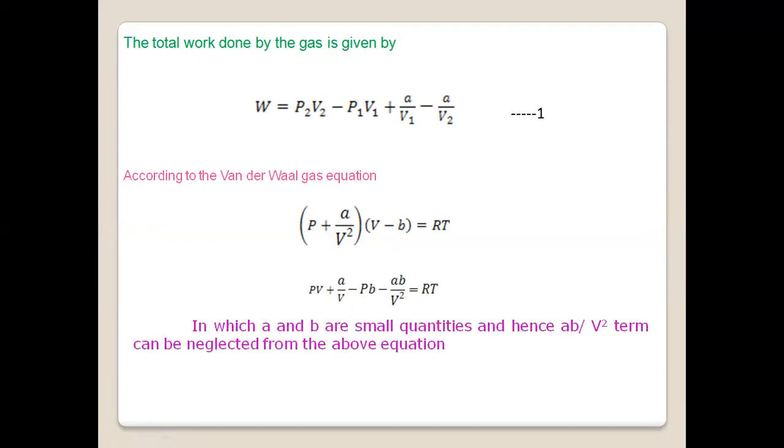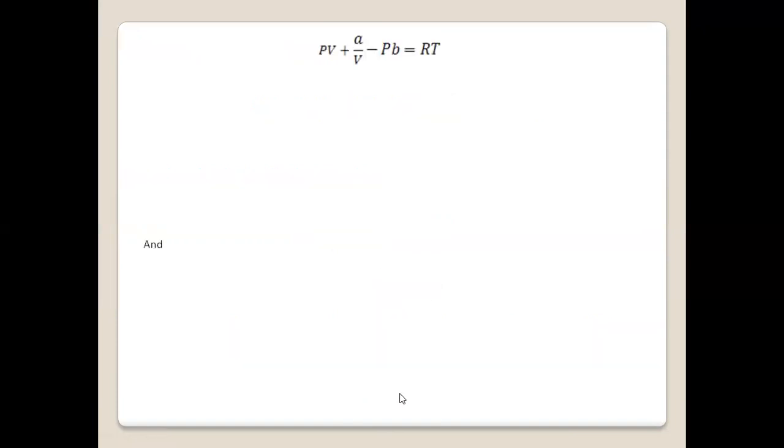So the equation for a real gas we can write as PV plus A by V minus PB is equal to RT, because the AB by V square term is neglected. From this, we may write that PV is equal to RT minus A by V plus PB.